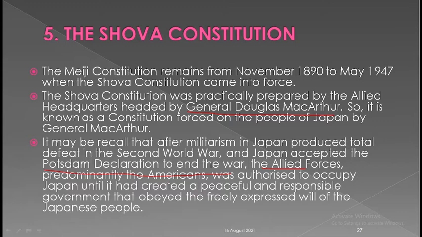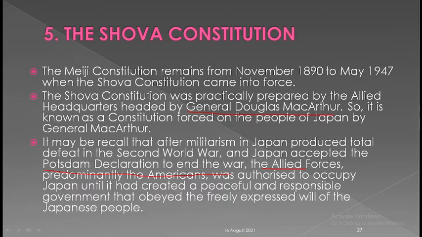This means that the Allied forces headed by General MacArthur occupied Japan, and their duty was to remain in Japan until a responsible democratic government was established.